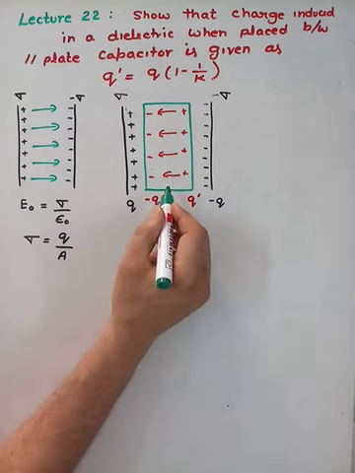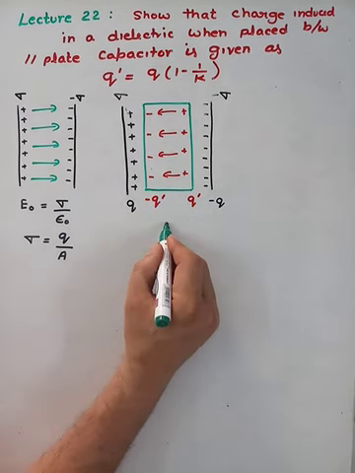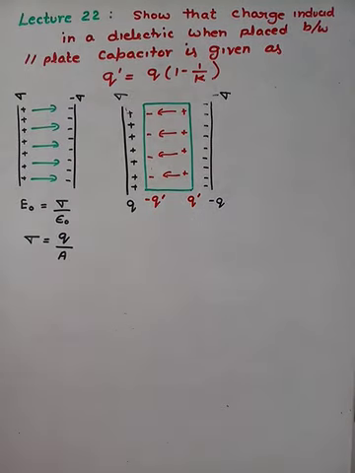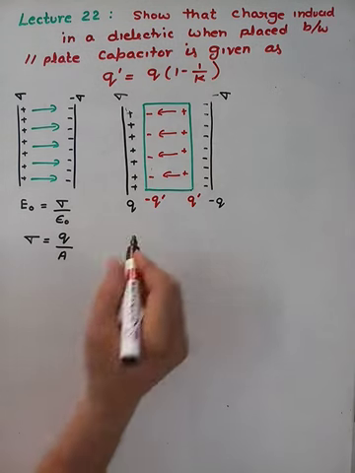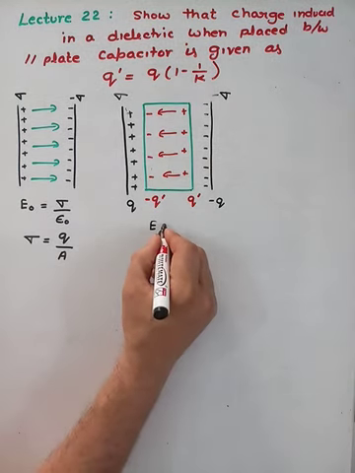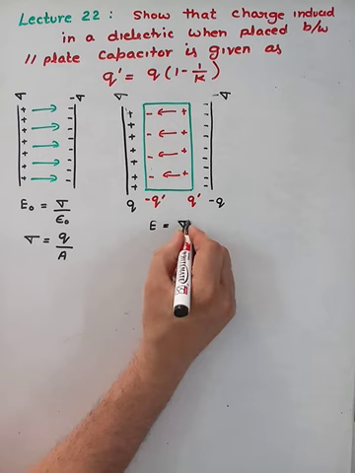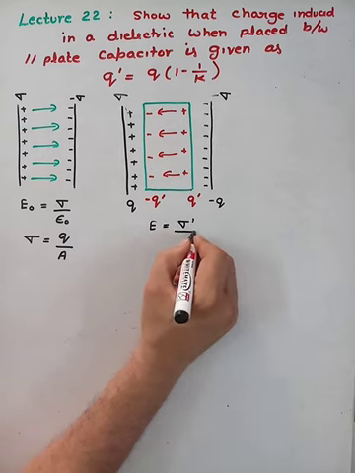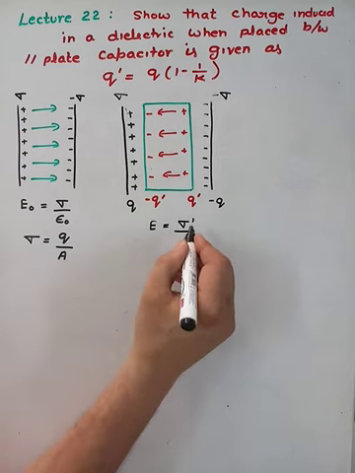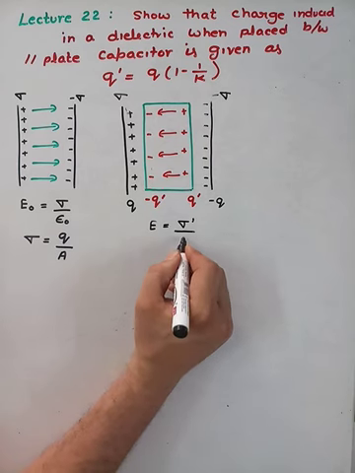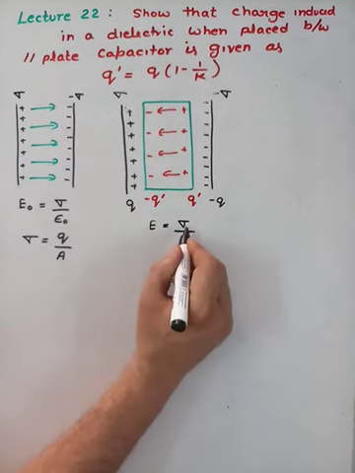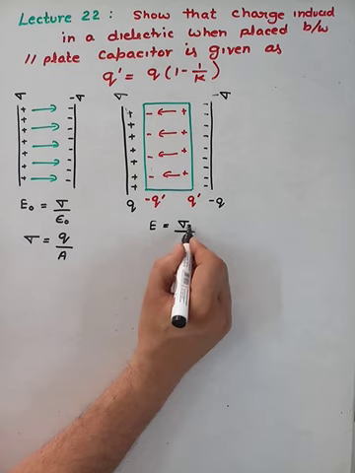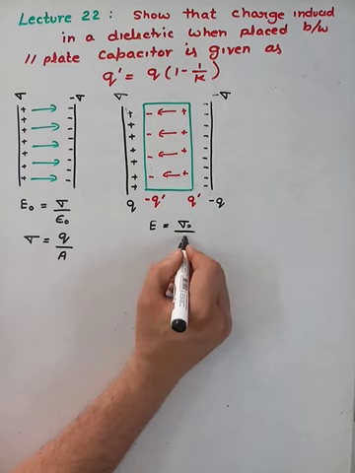And electric field due to polarized charge is given as E equal to sigma dash upon, or we can use sigma P for polarized charge, sigma P upon epsilon naught.